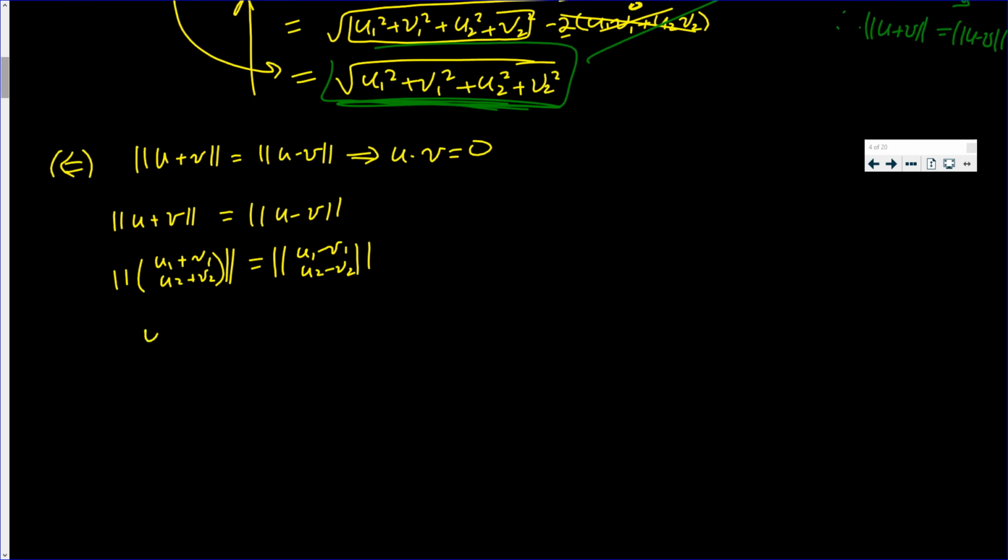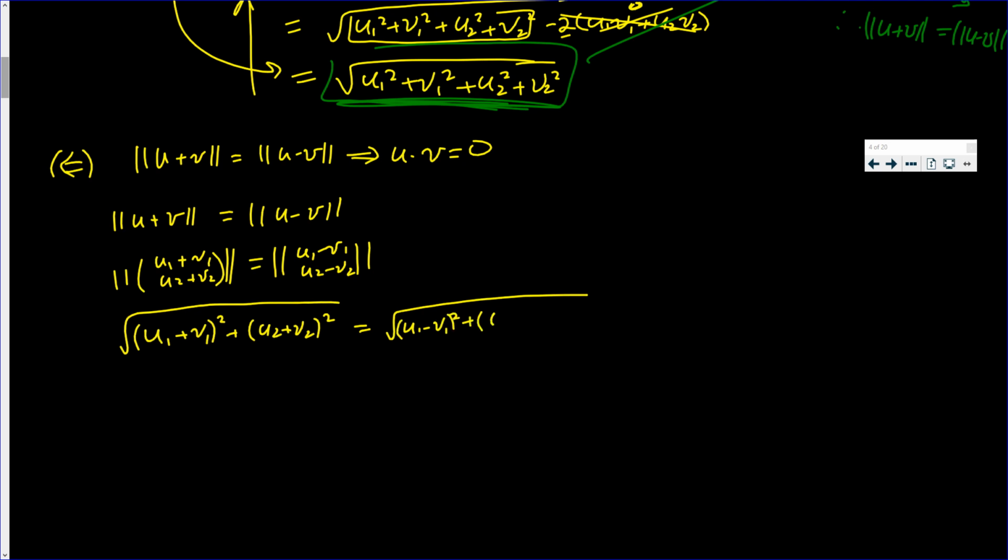That means the square root of (u1 plus v1) squared plus (u2 plus v2) squared is going to equal the square root of (u1 minus v1) squared plus (u2 minus v2) squared.